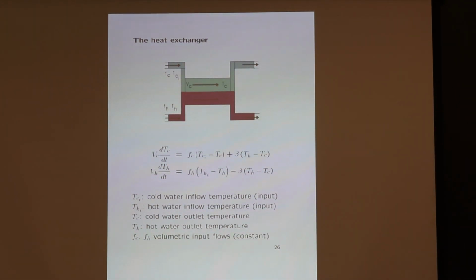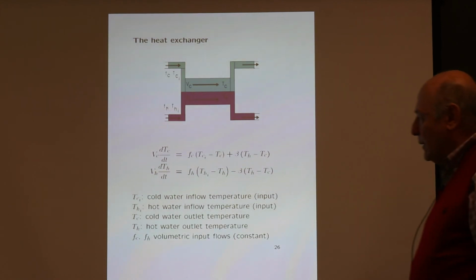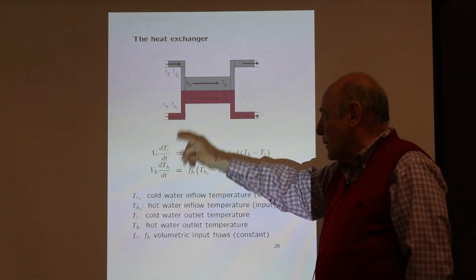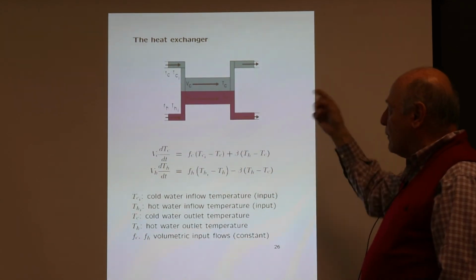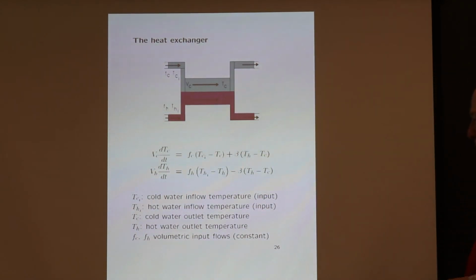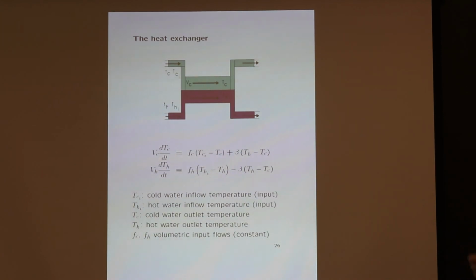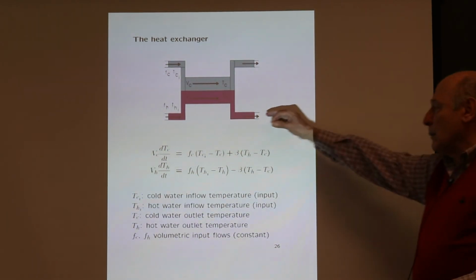And the dynamics in terms of, there is a cold water inflow and there is a hot water inflow, and the idea is to interchange. The temperature always goes from the hot to the cold. So to warm up the cold water is one of the purposes. The other one is probably to lower the temperature of the hot water stream.